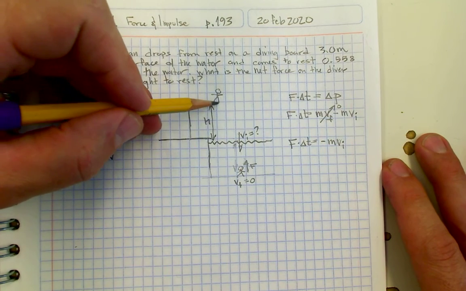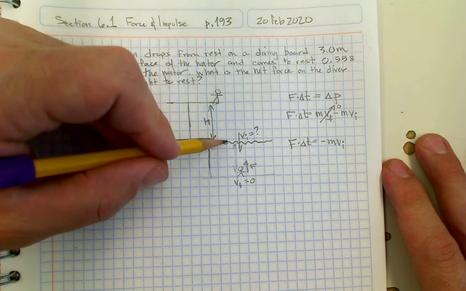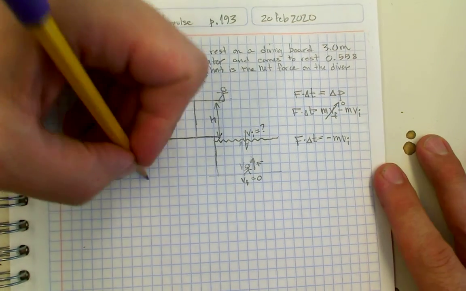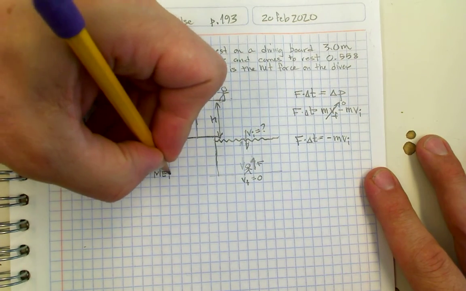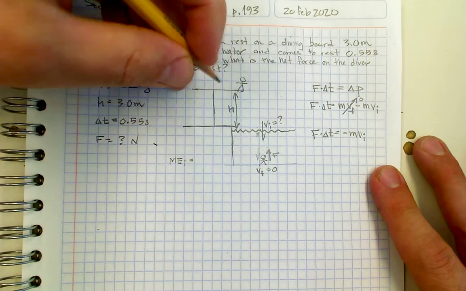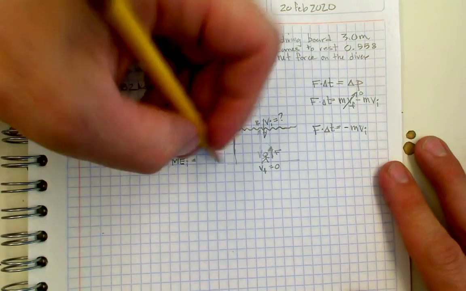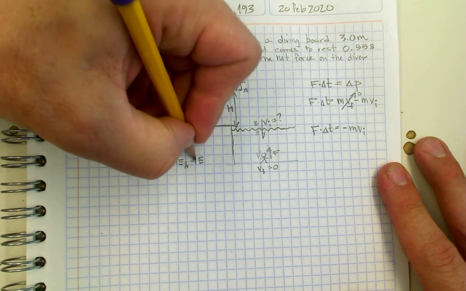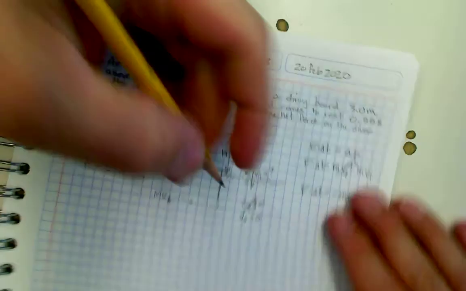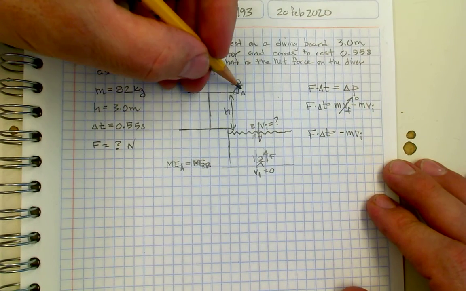But remember, we know this is a conservation of energy problem now, because this person is falling from rest, we're assuming on Earth. And so whatever energy he has up here, let's call this the mechanical energy at A, and this will be B. The mechanical energy at A is equal to the mechanical energy at B. And at this point, he's not moving at all.